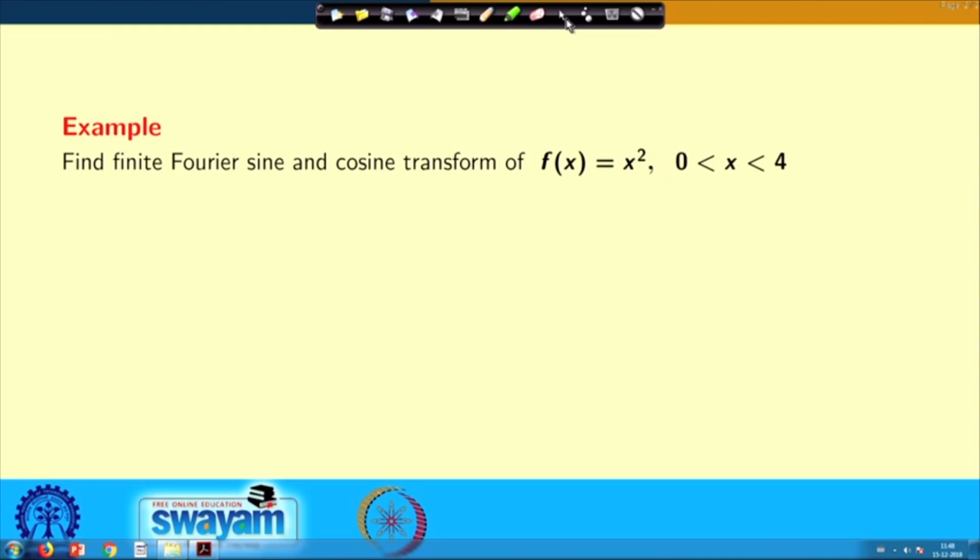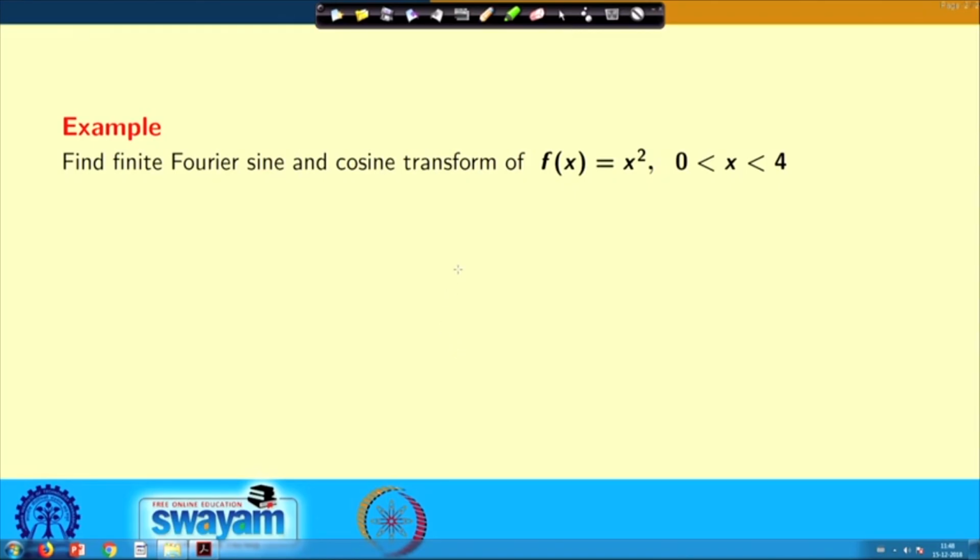In this lecture, first we will solve a few problems, then we will take some finite boundary value problems and, using the finite transform, find the solution of those problems. So, let us take the first example.